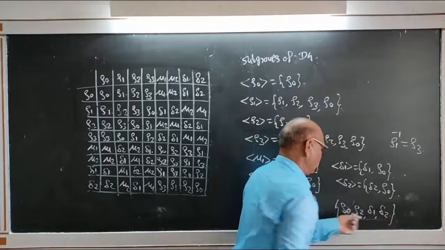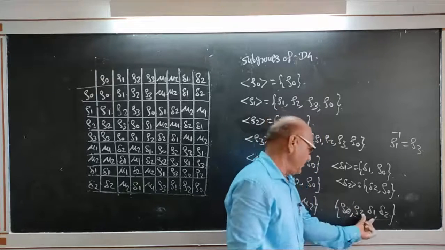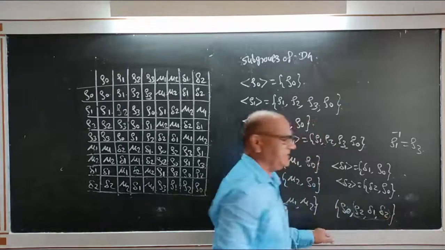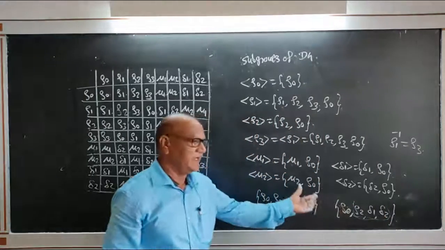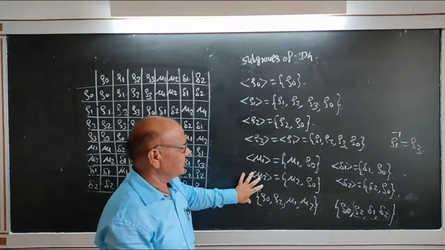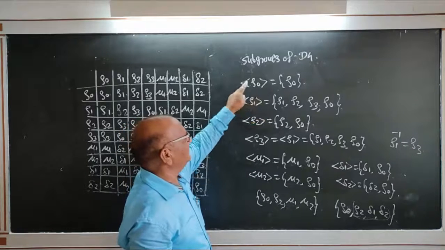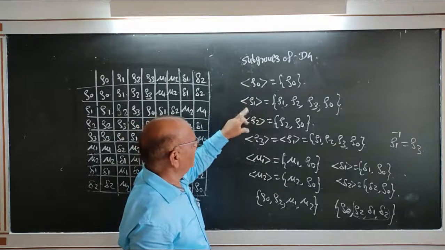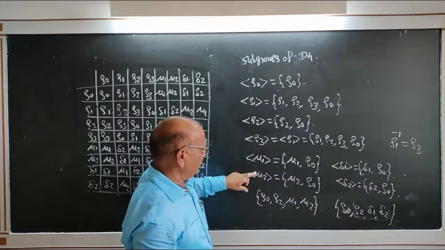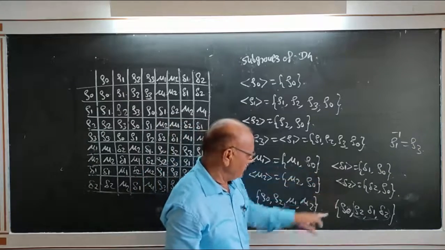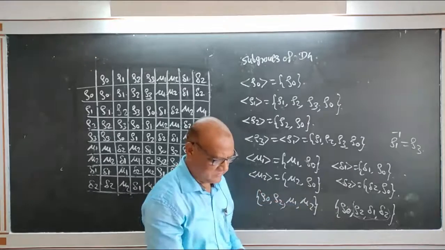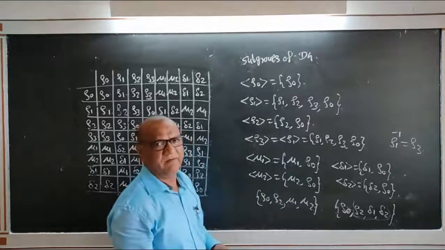In these 3 elements, the product of two is the third. This is also a Klein 4 group. These are all subgroups of D4: 1, 2nd, 3rd, this is a repeat, 4th, 5th, 6th, 7th, 8, 9. These are 9 proper subgroups and D4 itself.